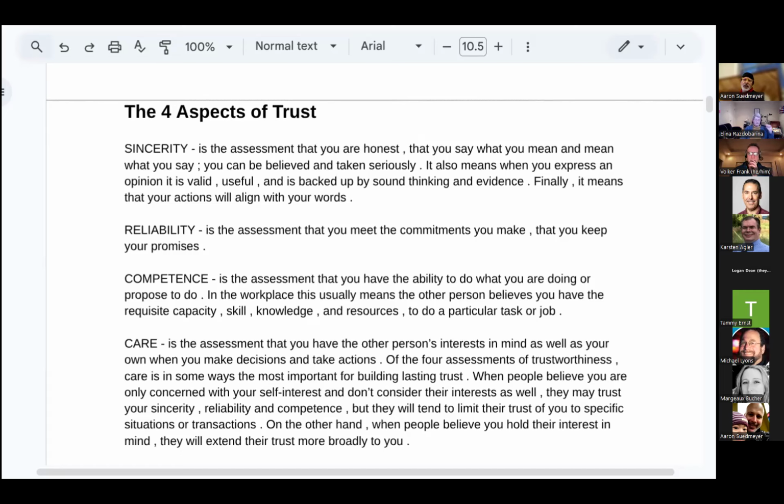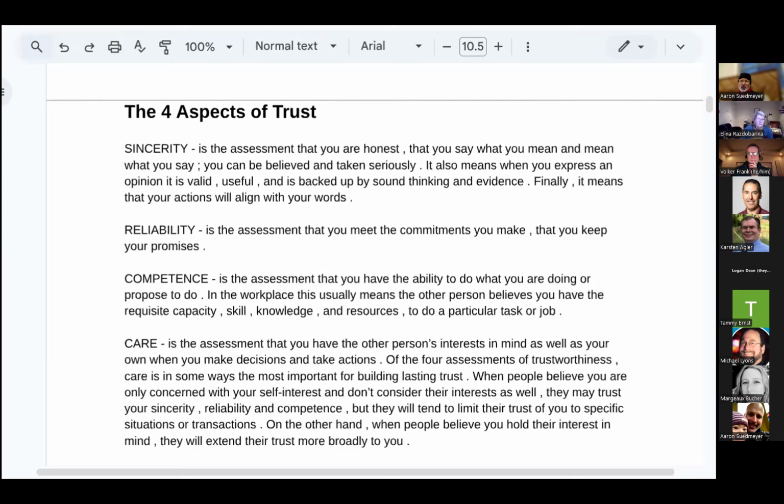So sincerity is the assessment that you are honest, that you say what you mean and mean what you say. You can be believed and taken seriously. It also means when you express an opinion, it is valid, useful, and backed by sound thinking and evidence. Finally, it means that your actions will align with your words. Reliability is the assessment that you meet commitments you make and that you'll keep your promises. Competence is the assessment that you have the ability to do what you say you're doing or propose to do.